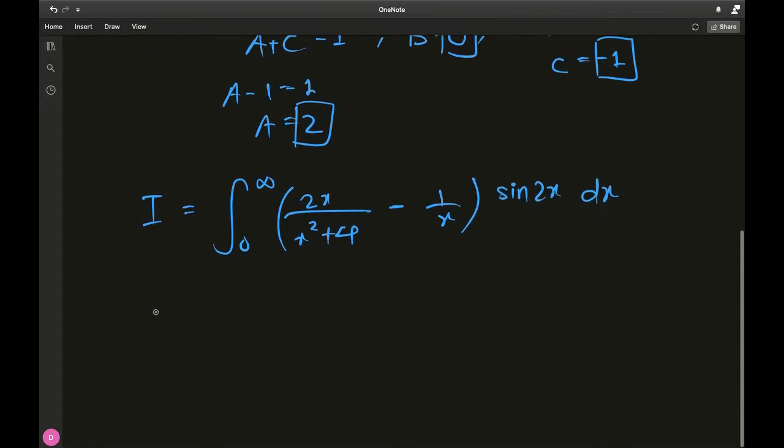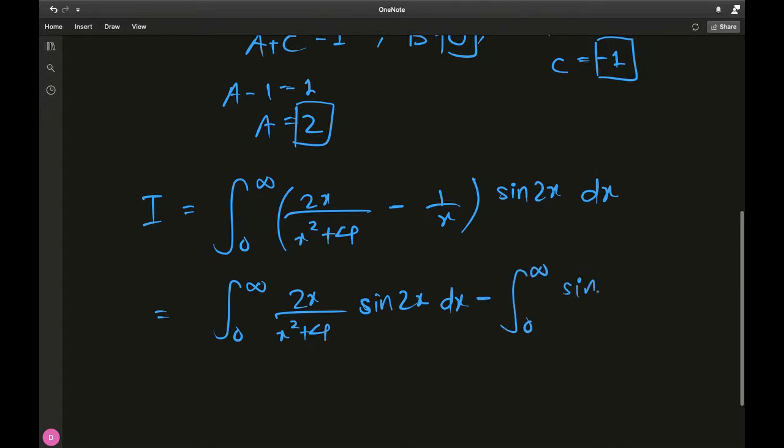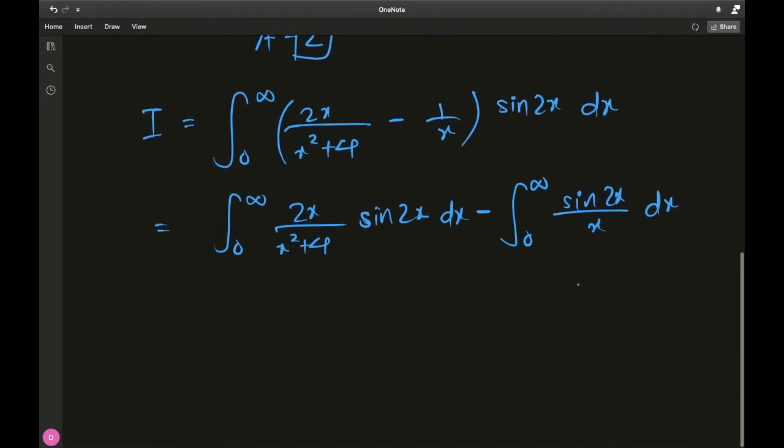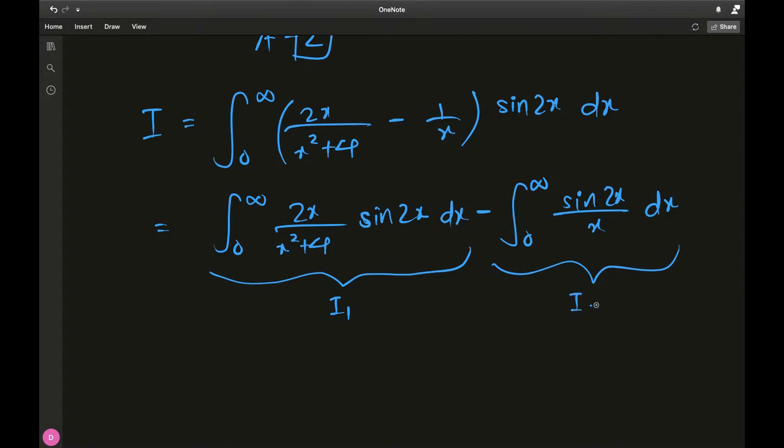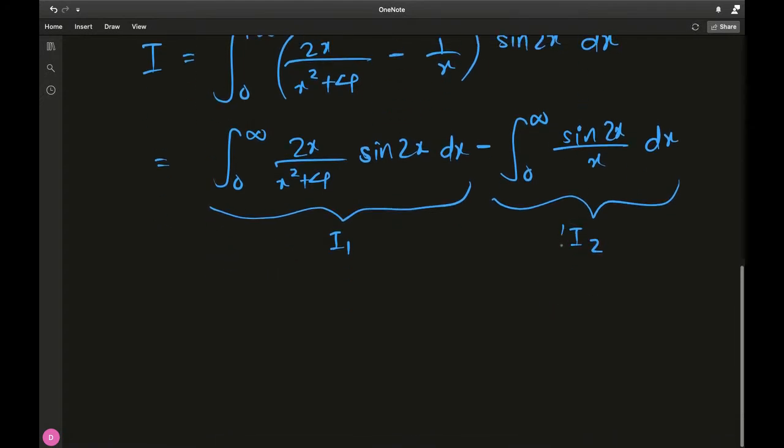Now we can split this up into two parts: the integral from 0 to infinity of 2x over (x squared plus 4) times sine of 2x dx, minus the integral from 0 to infinity of sine 2x over x dx. We can call these I1 and I2, but I2 looks awfully familiar.